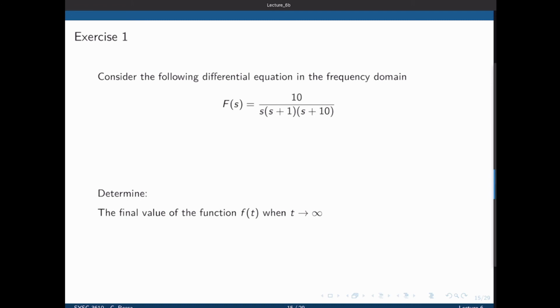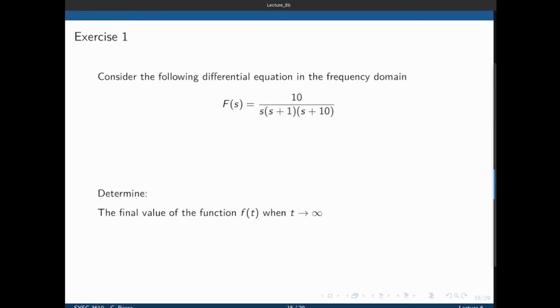Professor, the final value is 1. Is the final value 1? Anybody else found 1? Yeah, it is 1 indeed. So you did it very fast. So you probably used the final value theorem. Yeah, I just find the limit when s approaches 0.